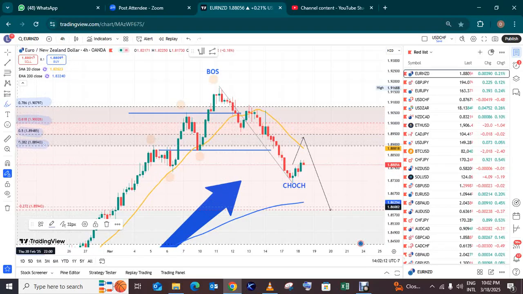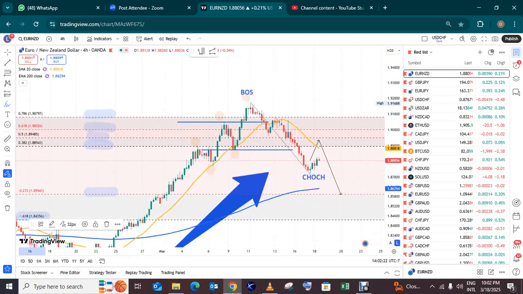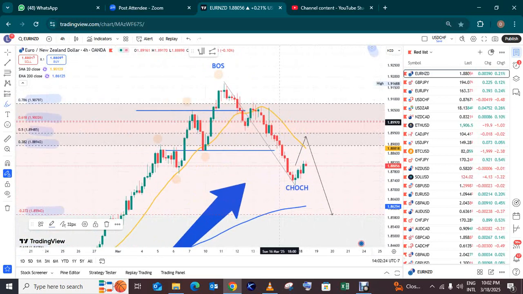Okay, and minus 0.272, and also minus 0.618. Okay, all these parameters which I put in. Okay, there are more numbers, but these six are what I need.